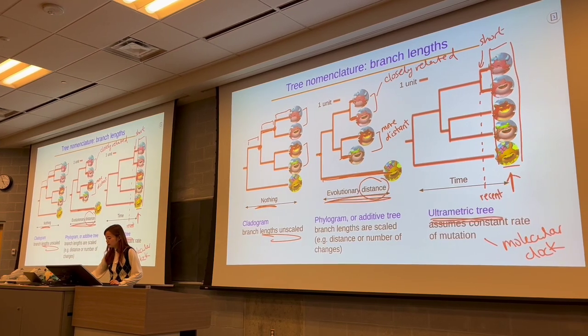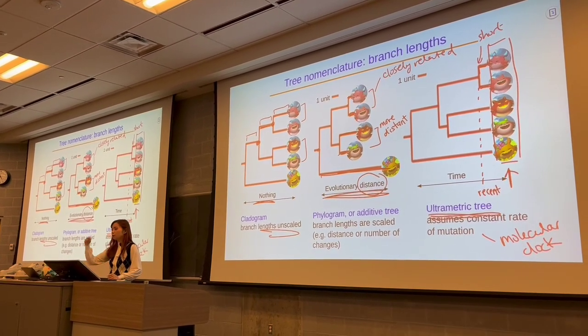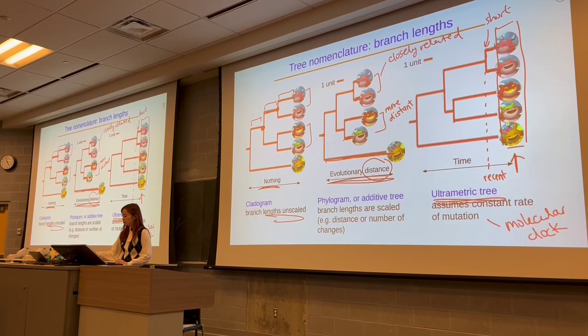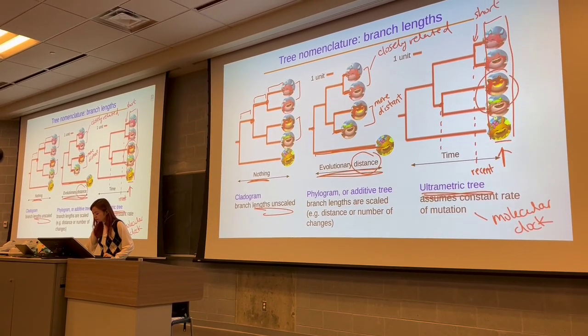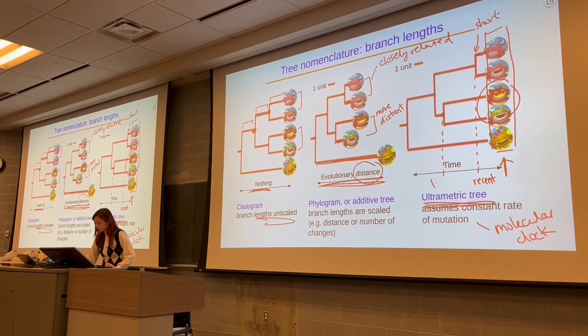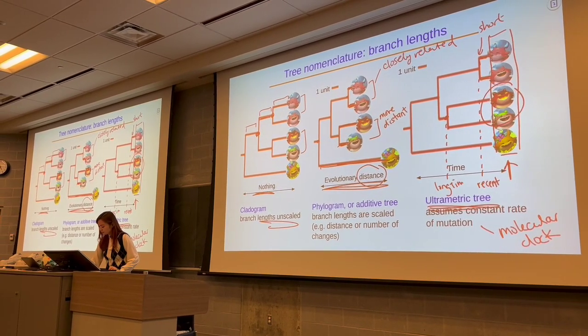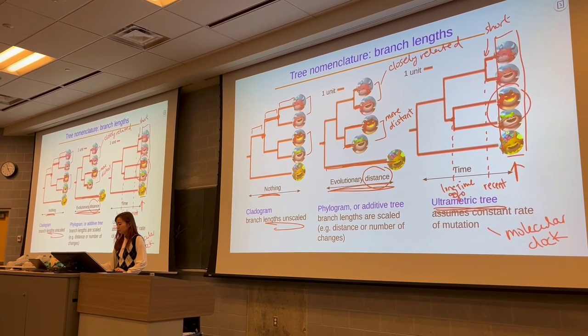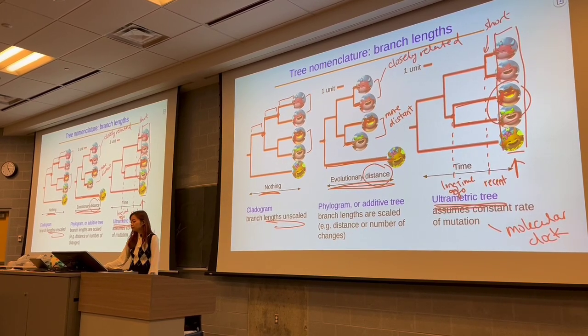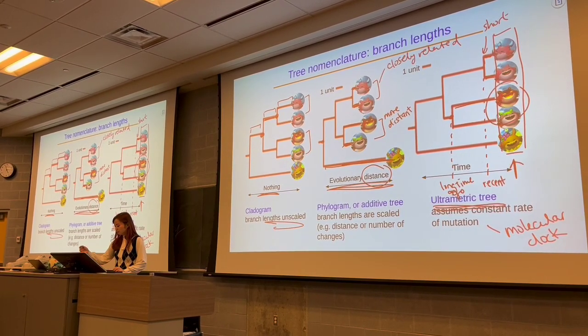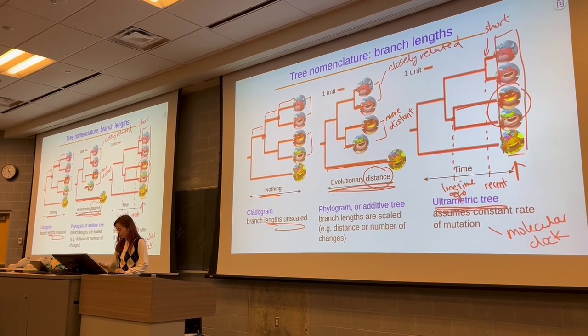They've only had a very short amount of time to accumulate differences in their sequences. Whereas these two chunks diverged back here, a long time ago. So they have had more time to accumulate differences in their sequences. And so on and so forth. Any questions on that?